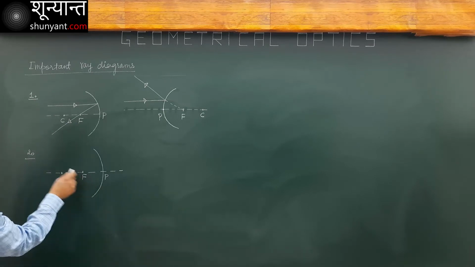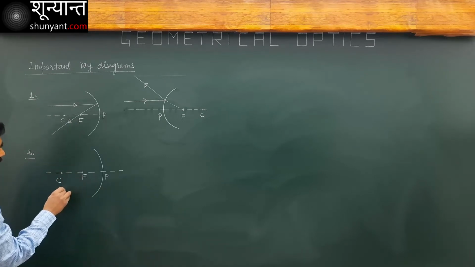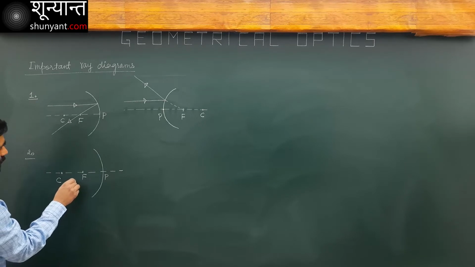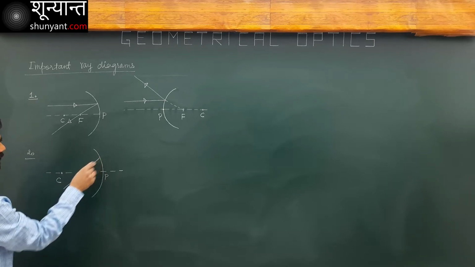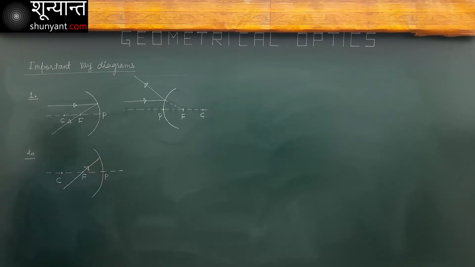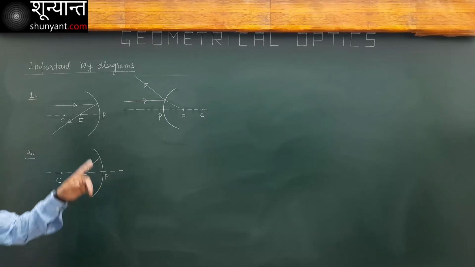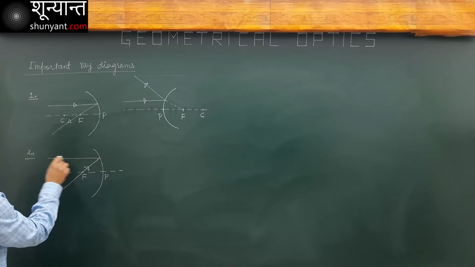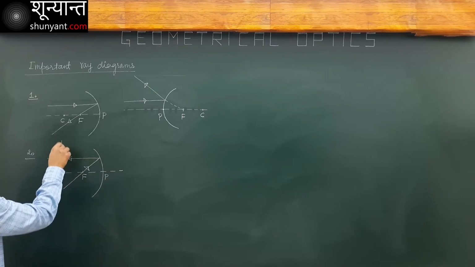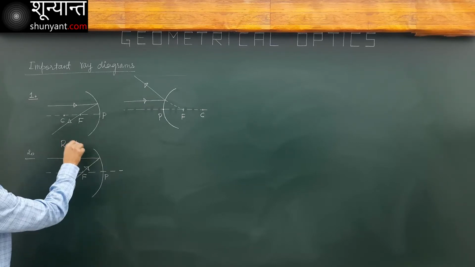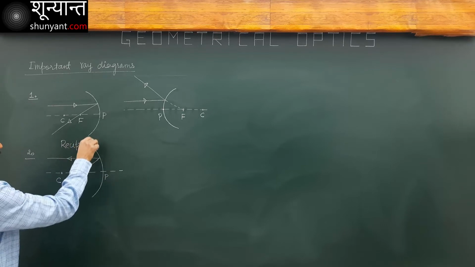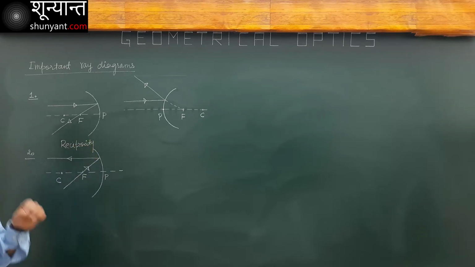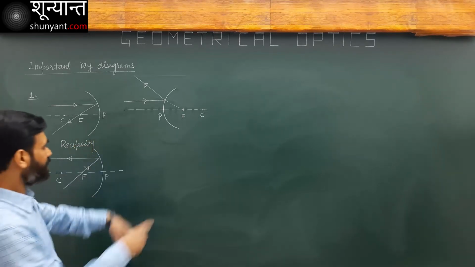What if I have a light ray which passes through the focus? What will happen to this light? It will go parallel to the principal axis. What is this? This is reciprocity. Same thing happens here.